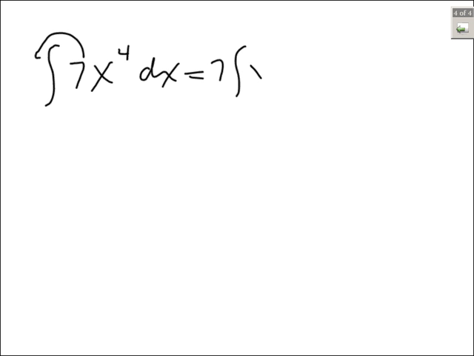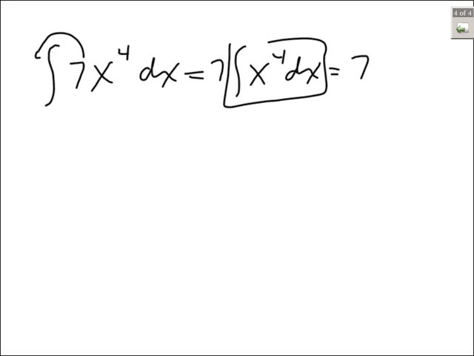Let's use that rule that I gave you. Somebody asked you for the antiderivative of 7x to the 4th. Whether you write this step or not, the 7 kind of comes in front. There's 7.